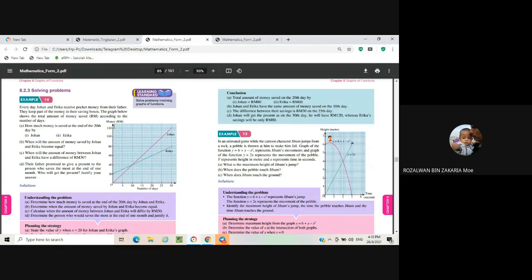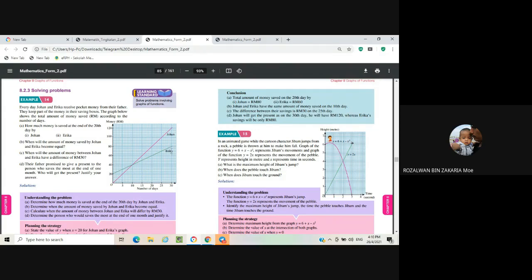Look at here, the money kept by Johan and the money kept by Erica. Which one has a difference equal to RM 30? Let's say after 30 days, Johan already kept the money until RM 120.